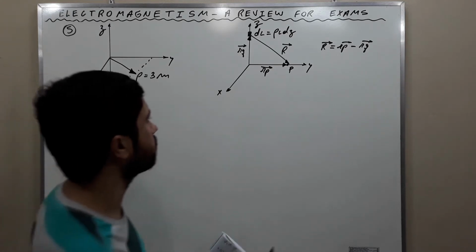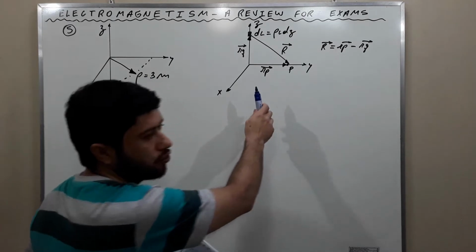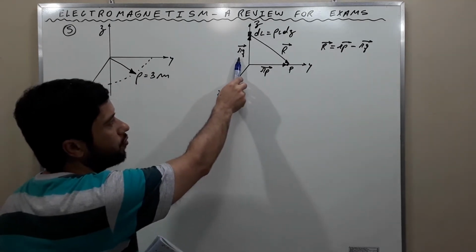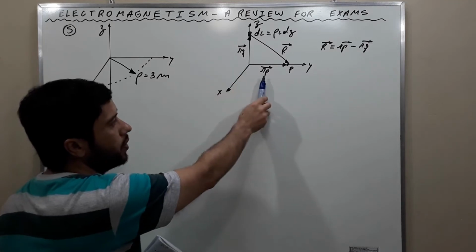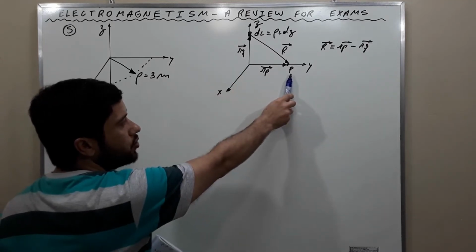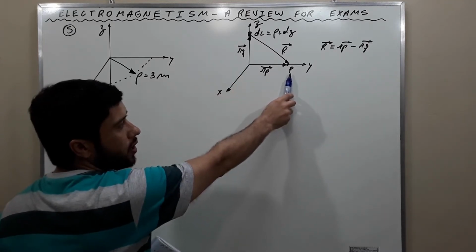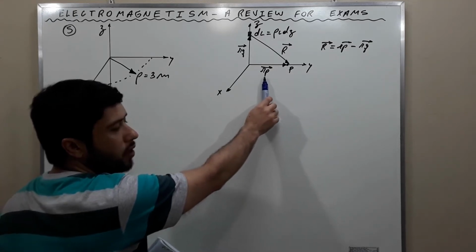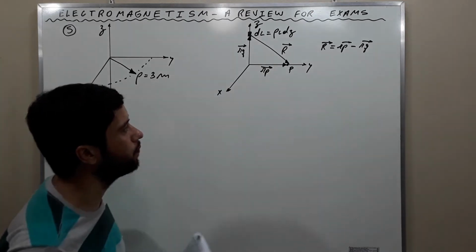Okay, we are going to locate the differential element of charge with this vector RQ, and we want to measure the field produced at P. And we are going to locate the point P with the vector RP.